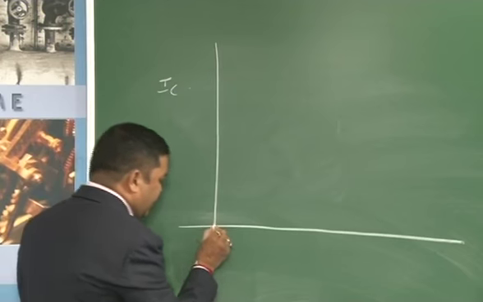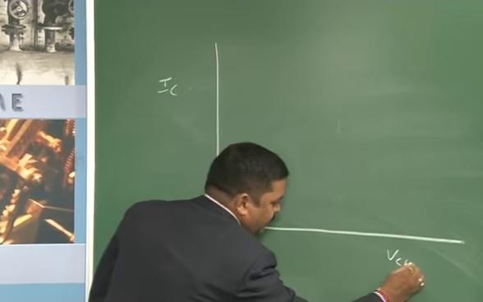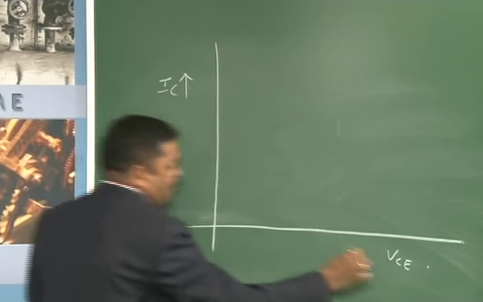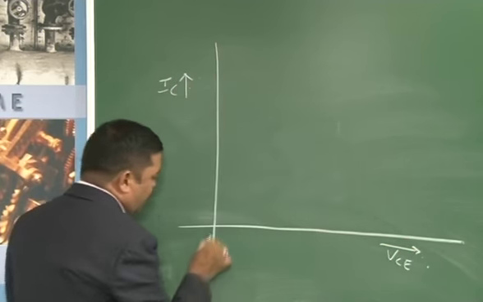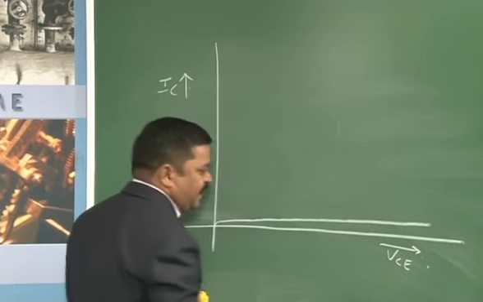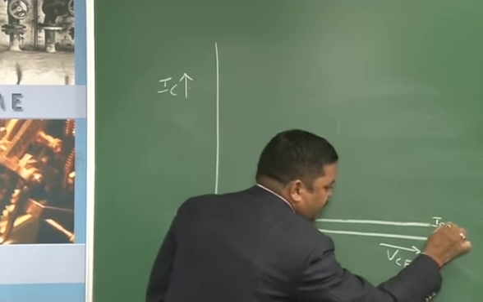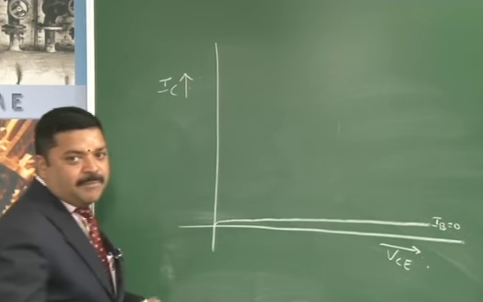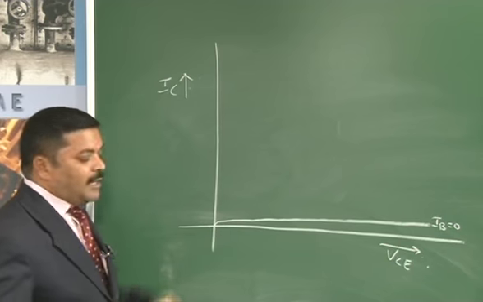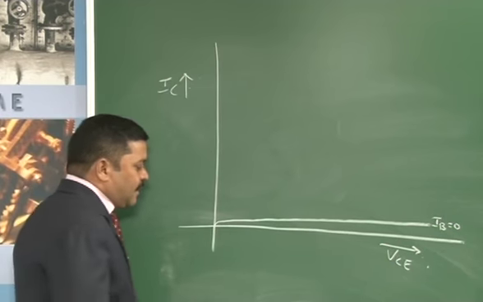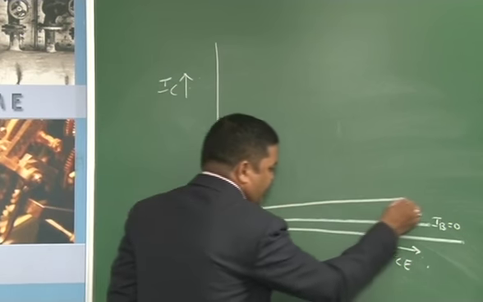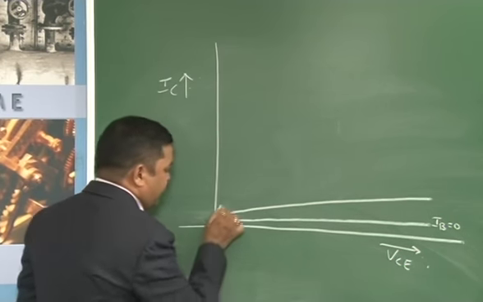The x axis is VCE, the y axis is IC. This is one characteristic when IB equals 0. When we maintain IB equal to 0 and apply VCE and increase it, we get this characteristic. So, these are the output characteristics.